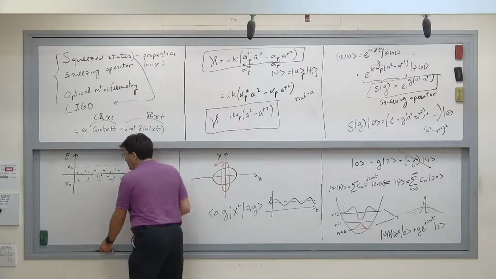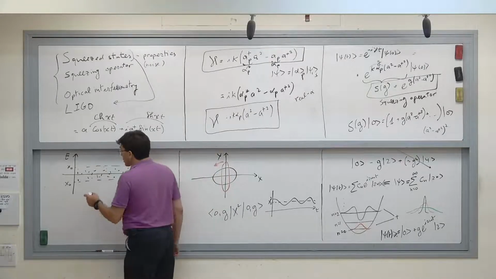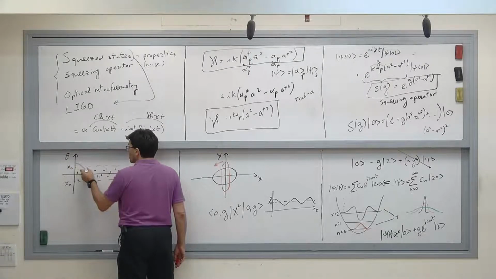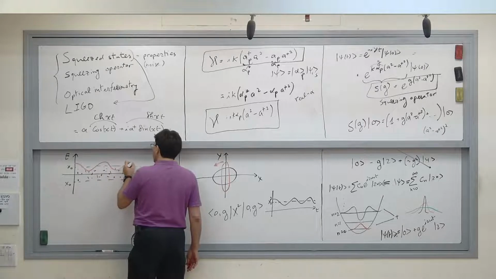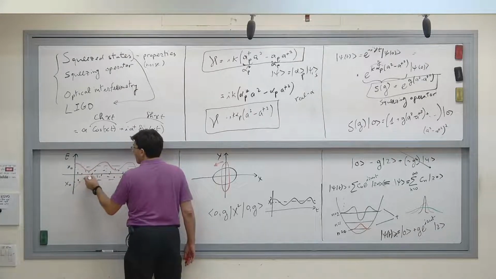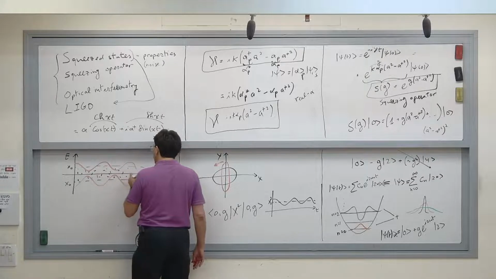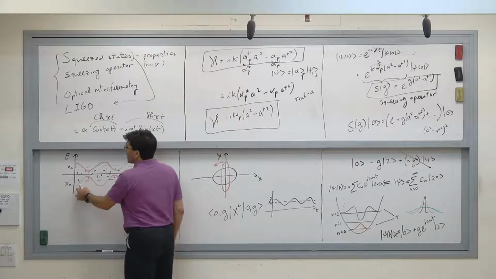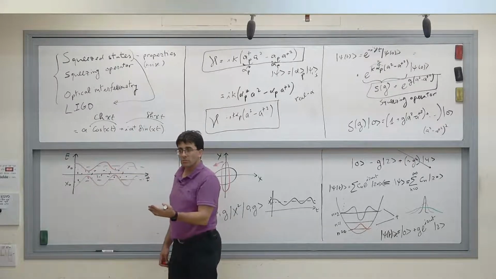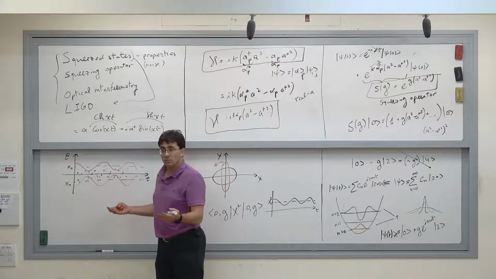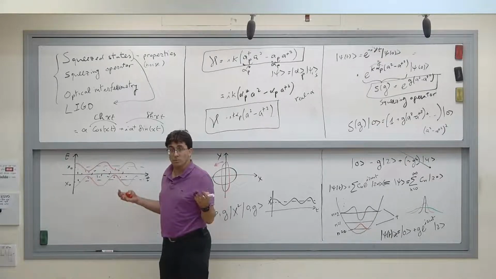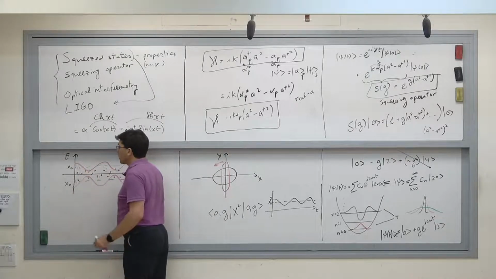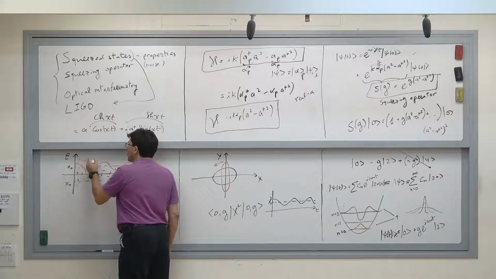Now, if I think about what happens to the squeezed vacuum, it oscillates between more and less. The squeezed vacuum does something like this. And if you ask yourself, at this time, where can I find the field? The answer, it can have many values. The average is still 0, but the fluctuation is larger. Here there's more possibilities. That's the squeezed vacuum.